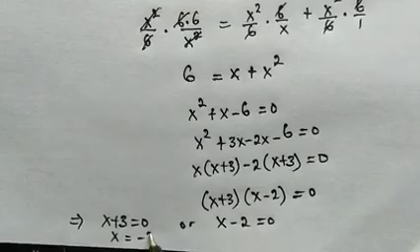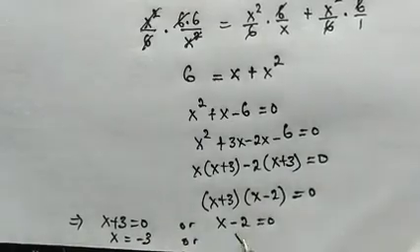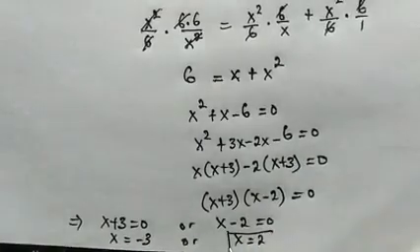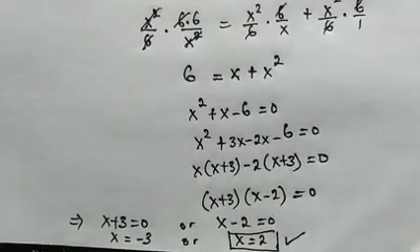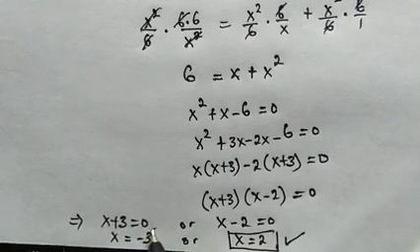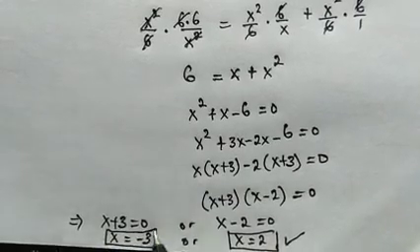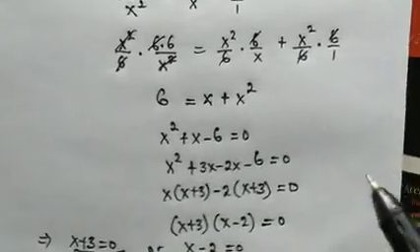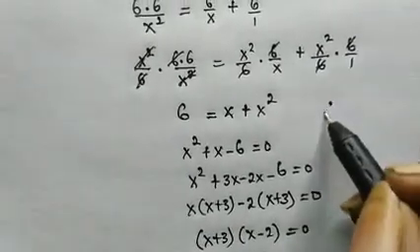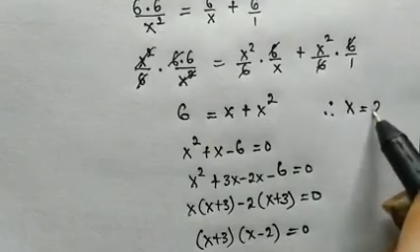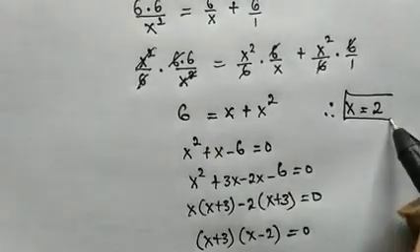Here we get x is equal to negative 3, or we get x is equal to 2. But the only satisfying solution here is 2, but negative 3 does not satisfy the equation. So therefore, we have our solution that x is equal to 2, and this is the correct answer.